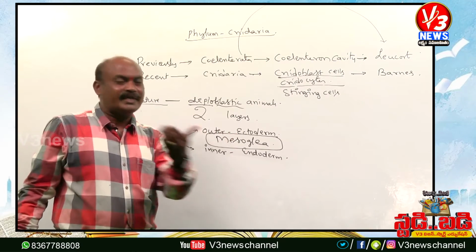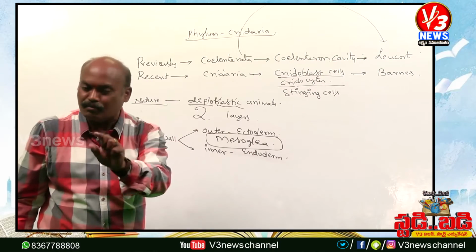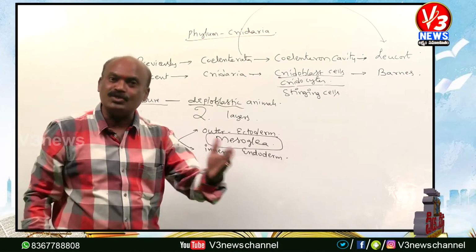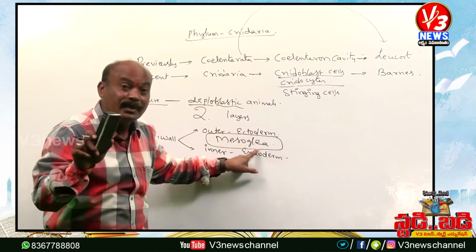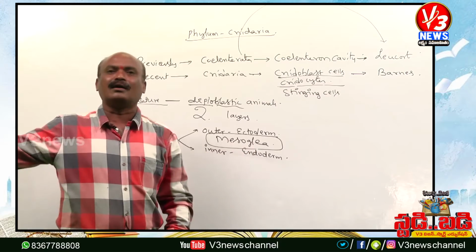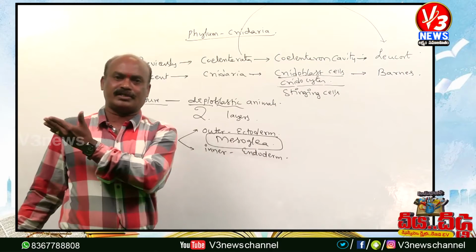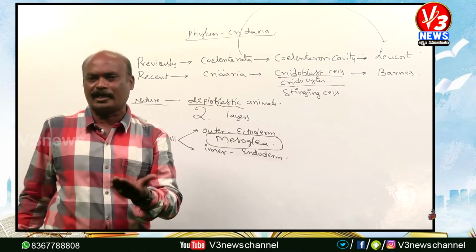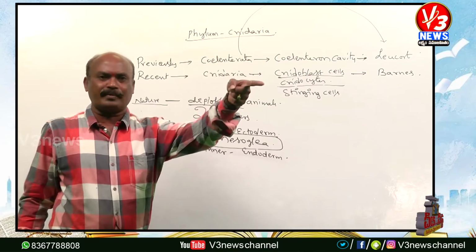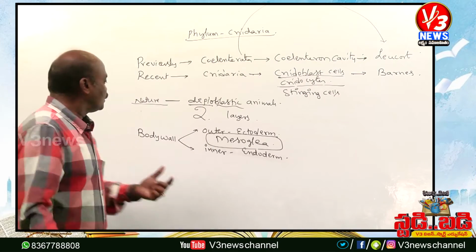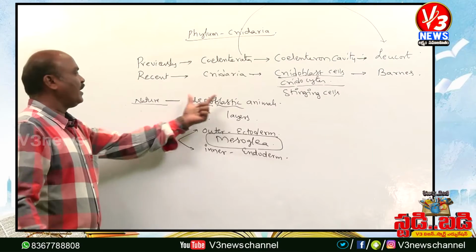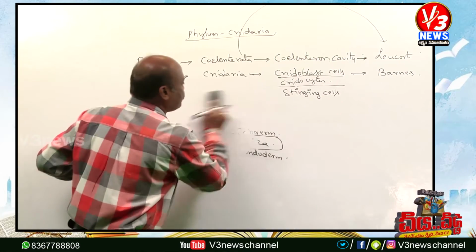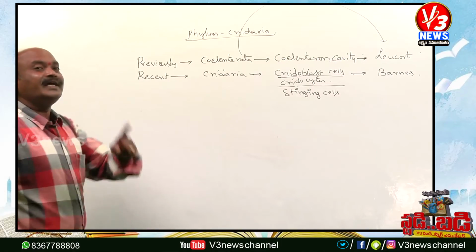These three terms start with the prefix meso: in sponges mesohyl, in Nidarians mesoglea, and from Platyhelminthes onwards, all are triploblastic animals, where the third germ layer, mesoderm, is formed. That is about the body wall and diploblastic nature. Then one more very important point, their organization.